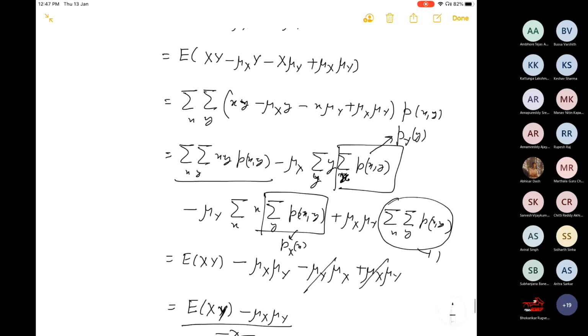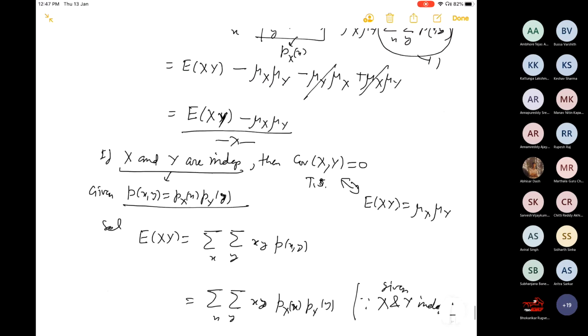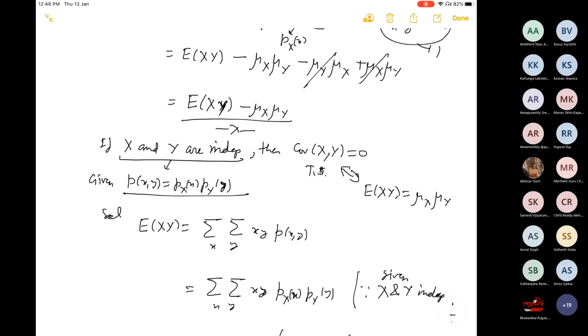For example, you see this. If x and y are independent in this example, then covariance between x comma y is 0, because x and y are independent. I don't have to show anything, because I have proved that if x and y are independent, then covariance is 0.